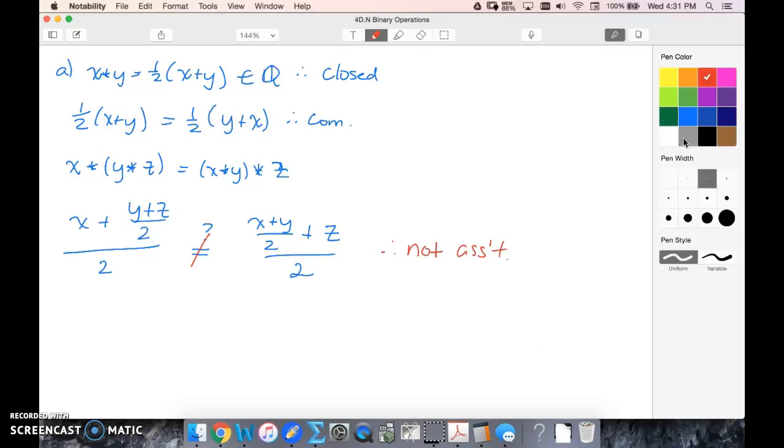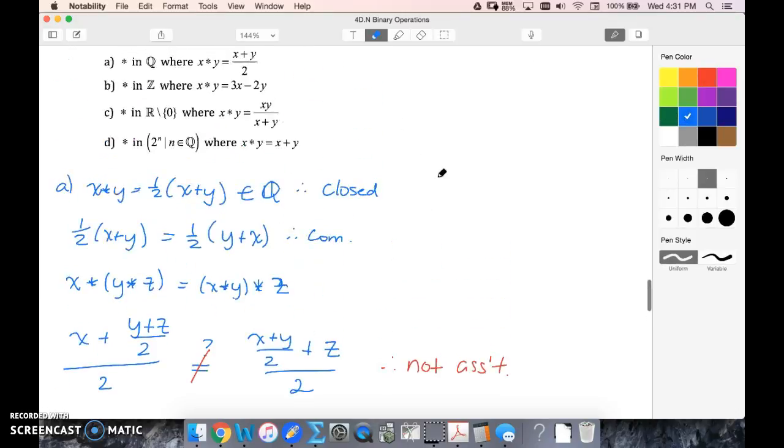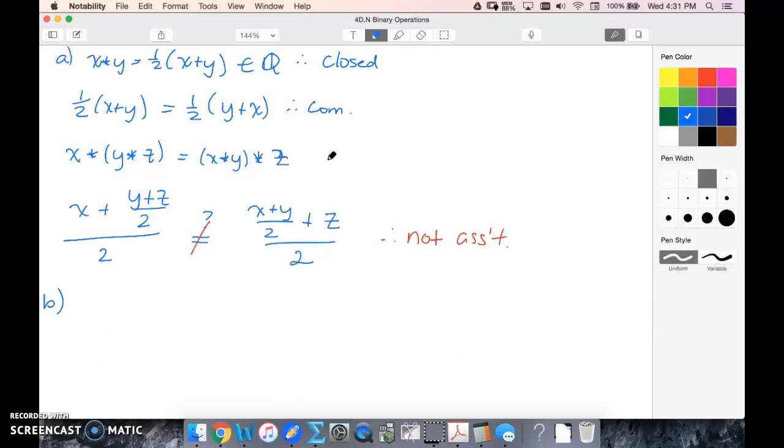All right, let's look at example B. In B, we have integers, and we've got 3x minus 2y. Well, taking integers and subtracting them, we're always going to get another integer. So this is closed. 3x minus 2y is an element of the integers for x and y being elements of the integers.